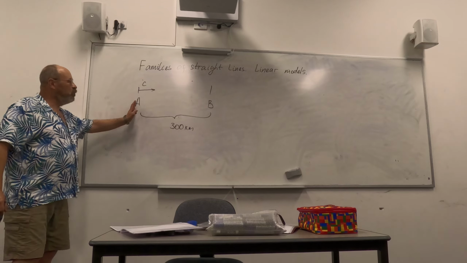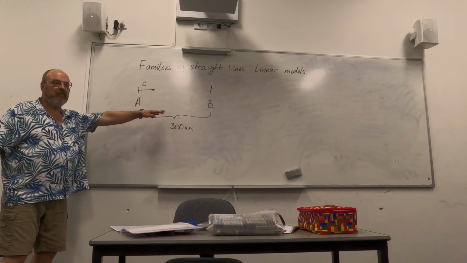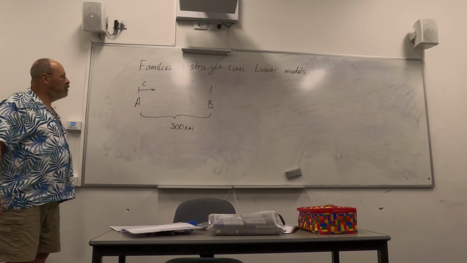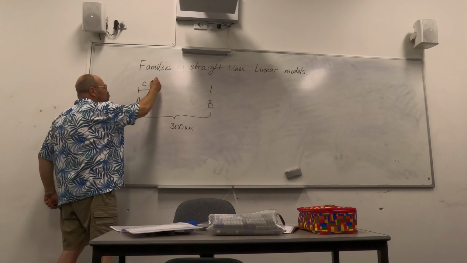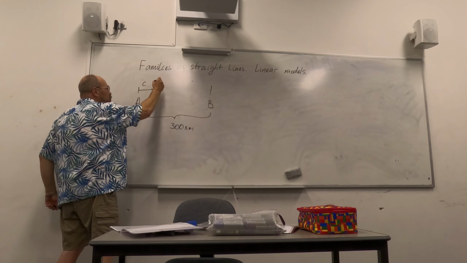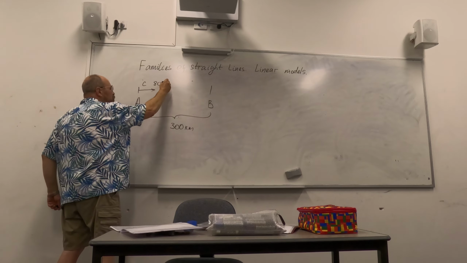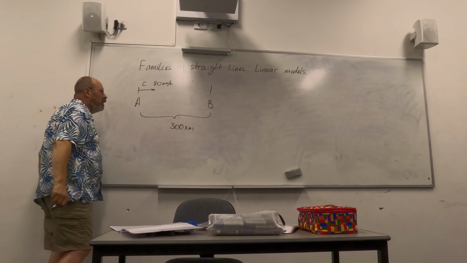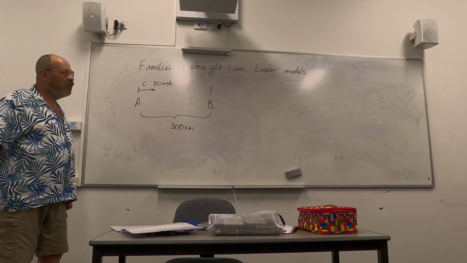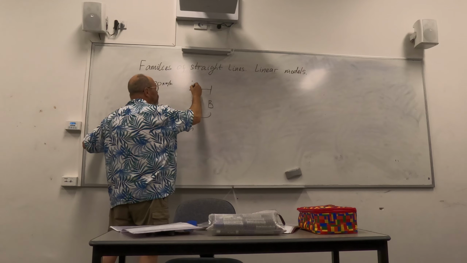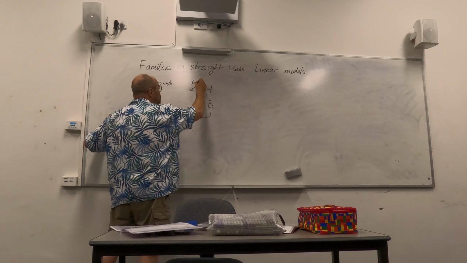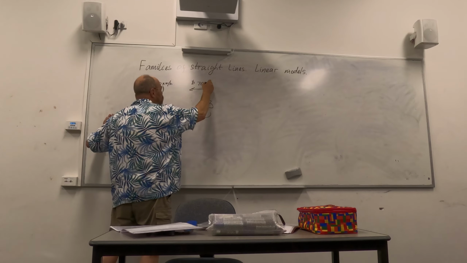The car is moving from A towards B with a speed, let's say, 80 kilometers per hour. And there is a bus moving from B to A with a speed, let's say, 70 kilometers per hour.